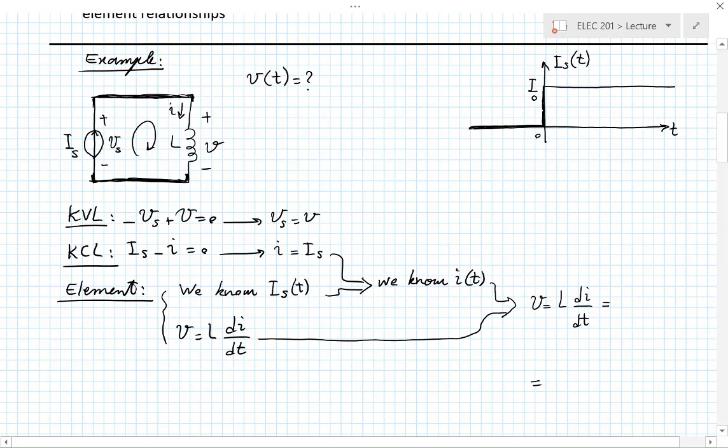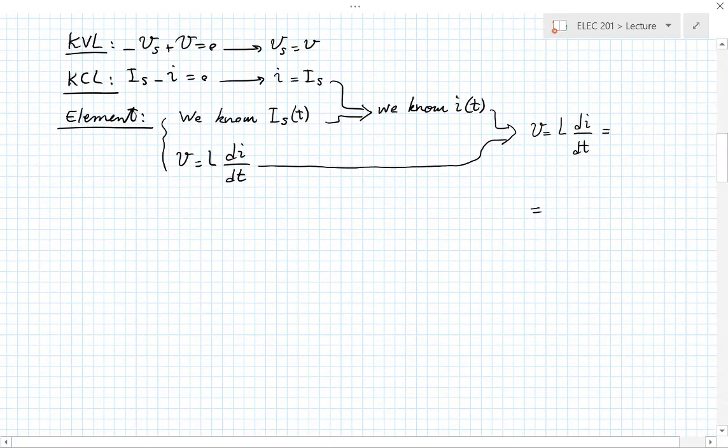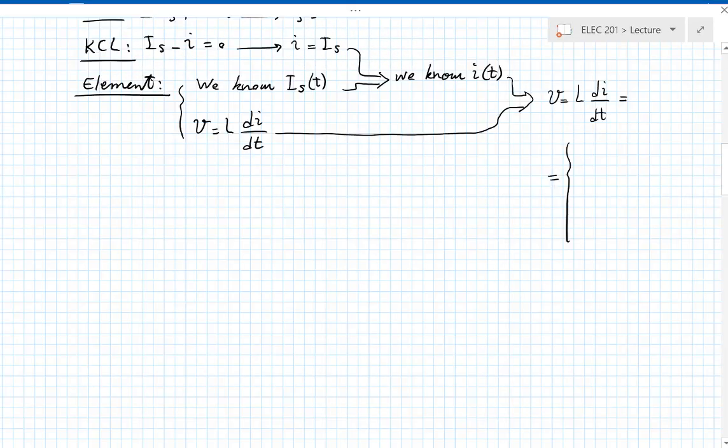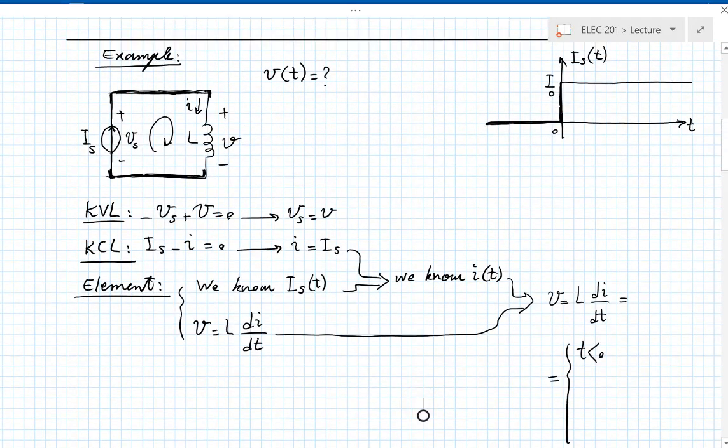Now that's a function that has been defined in time. Let's take its derivative. Well, you will see immediately that the function has different behaviors in different ranges of time. So let's recognize that for t less than 0, the current is a constant 0. What is its derivative?